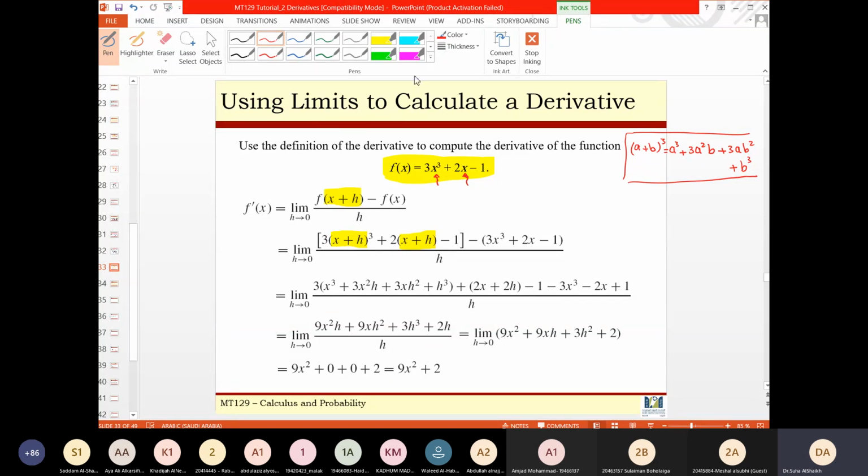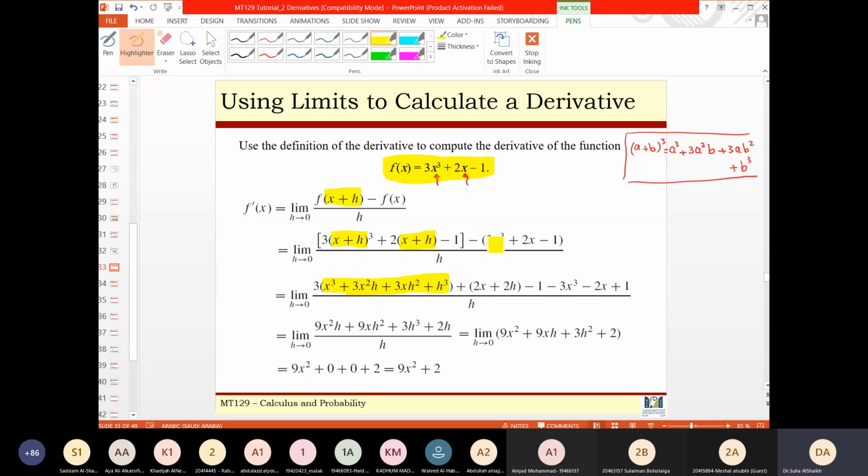So, this is the first part. The second part, the function itself, is 3x cubed plus 2x minus 1. Now we expand this. We expand this to 2x plus 2h. The minus here will make this minus 1, yes, minus 1 comes from here.